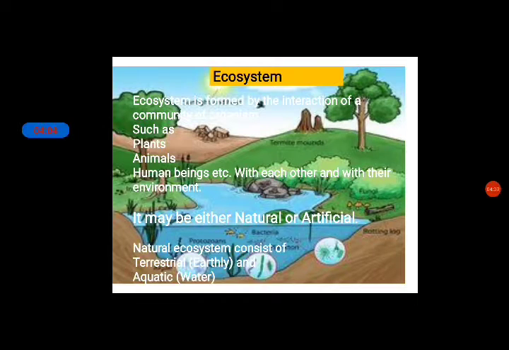Students, in the picture you can find out that an ecosystem may be either natural or artificial. Students, a natural ecosystem consists of terrestrial or earthy, and aquatic or water.